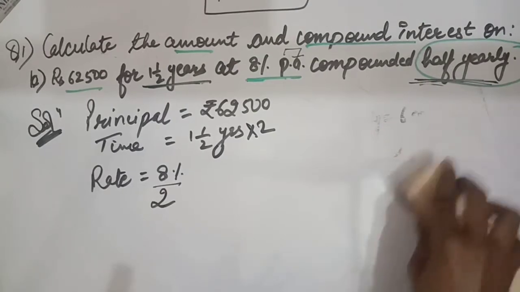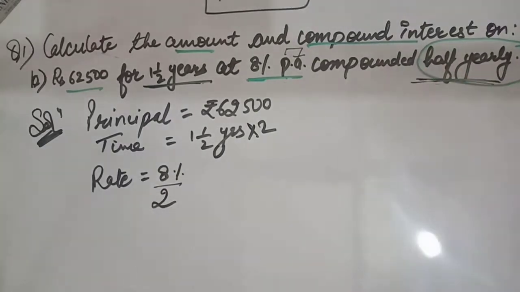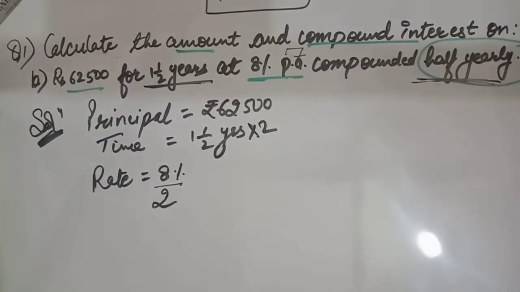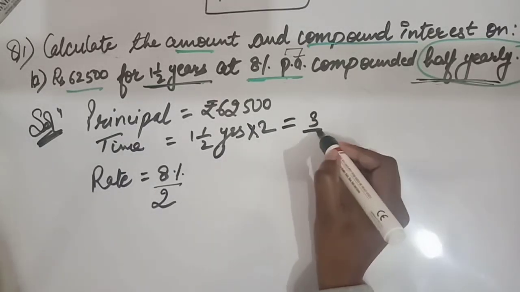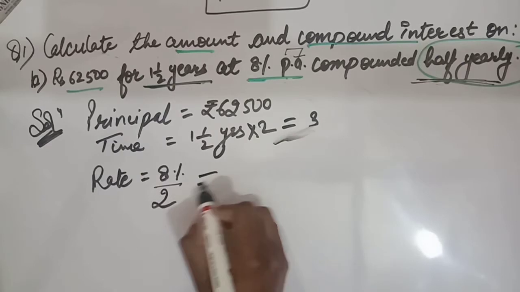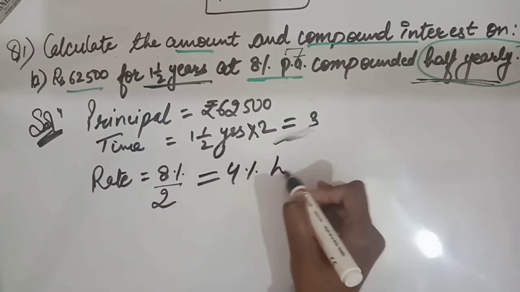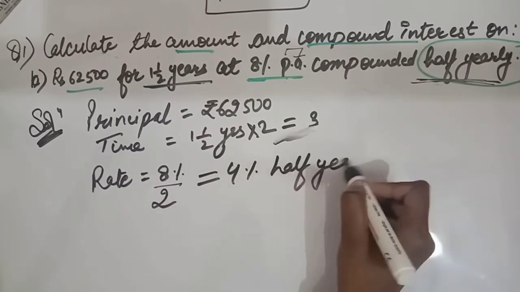So let us start. Time will come out to be 3 and the rate will be 4% half yearly.